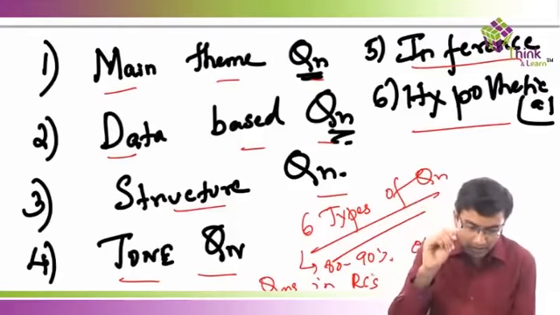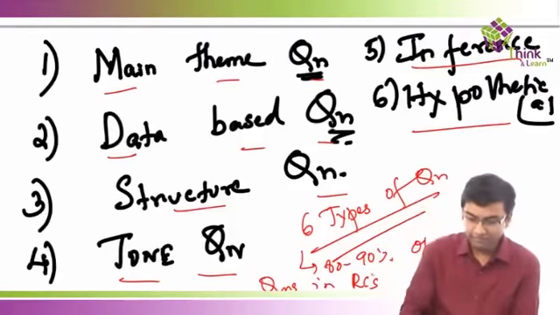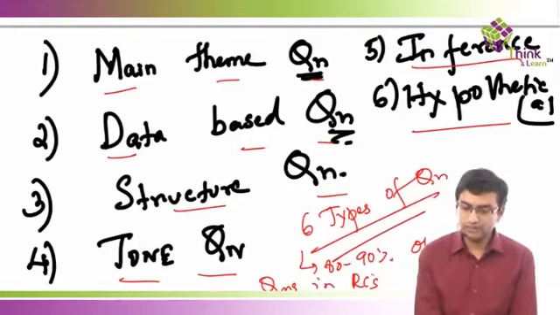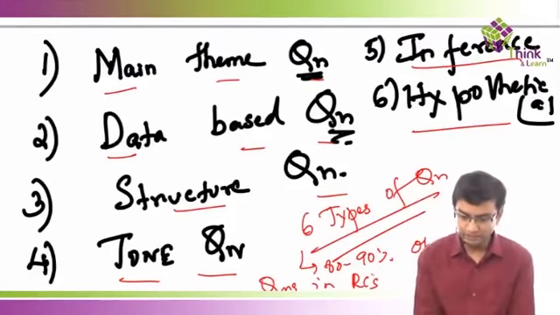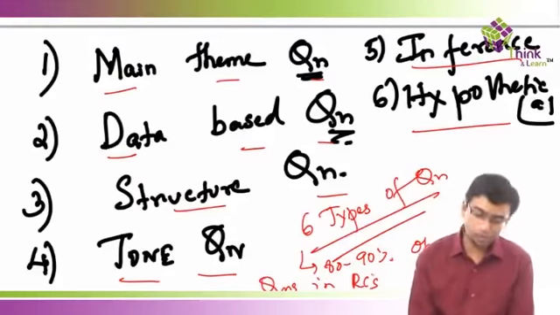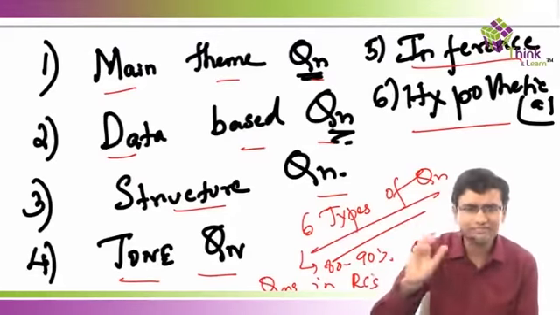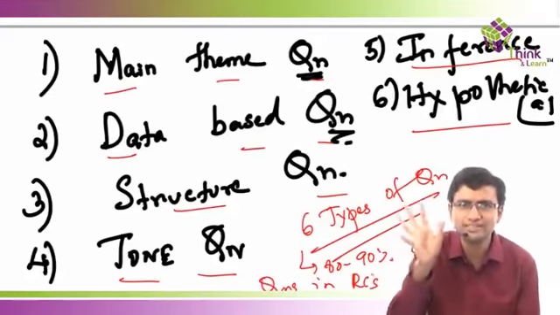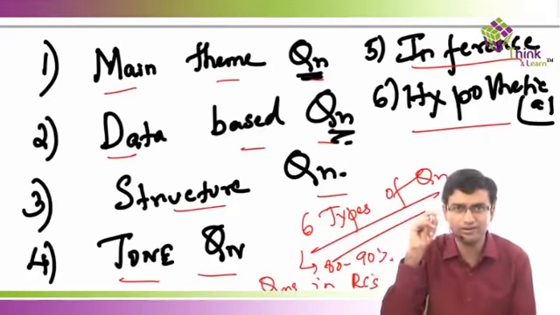It can be a permutation combination. We can have a database inference question, a database hypothetical question, or a structure-based tone or hypothetical question. Honestly, there are only 2 or 3 permutations, and we will look at all of them.